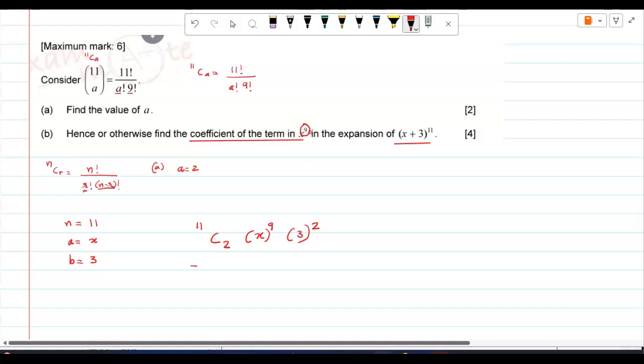Now when you simplify this, it will be 11 factorial over 9 factorial, 2 factorial, into x^9 into 3 squared, which is 9.